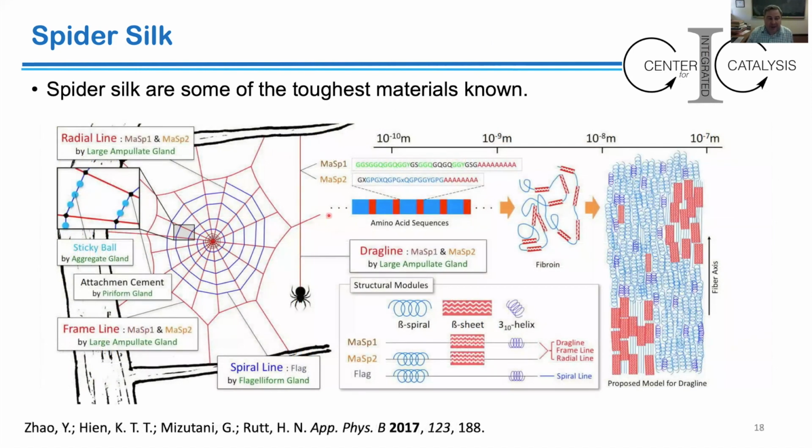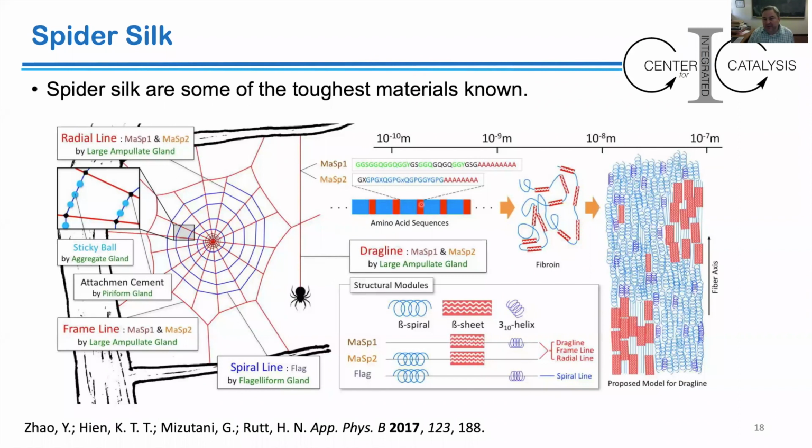And if you look at spider silk, and people have studied this, and if you're interested in spider silk, look at this Applied Physics B article here, and the dragline is what has the best engineering properties.